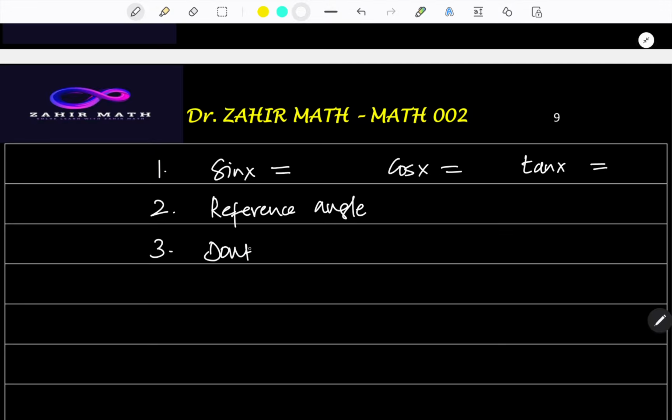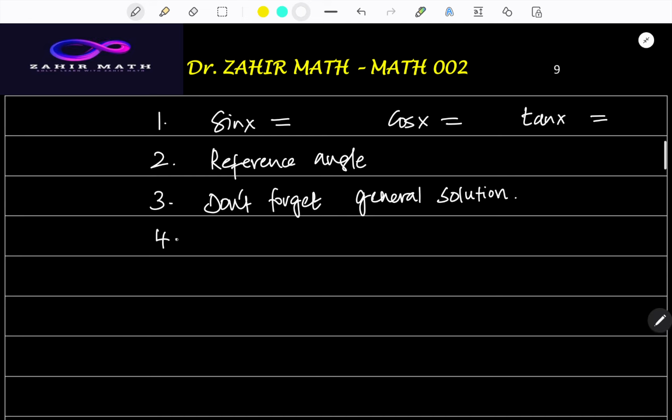Then don't forget to write the general solution. General solution means adding 2n pi for sine and cosine, and adding n pi for tan theta. And carefully check your quadrants, where it is positive, where it is negative. That is very, very important. Check your calculator, check your quadrant.